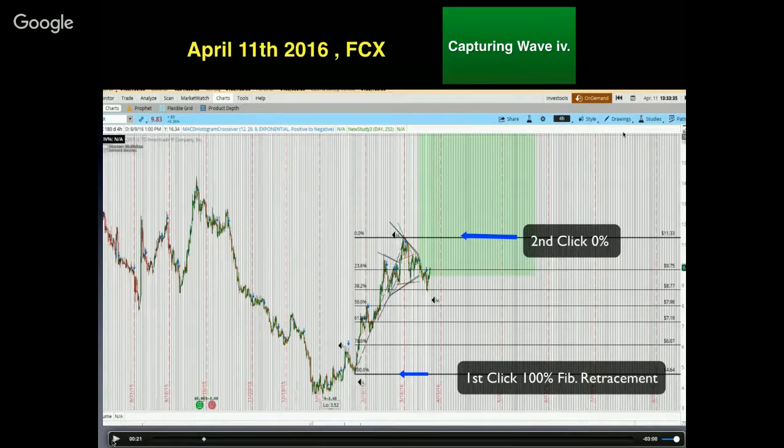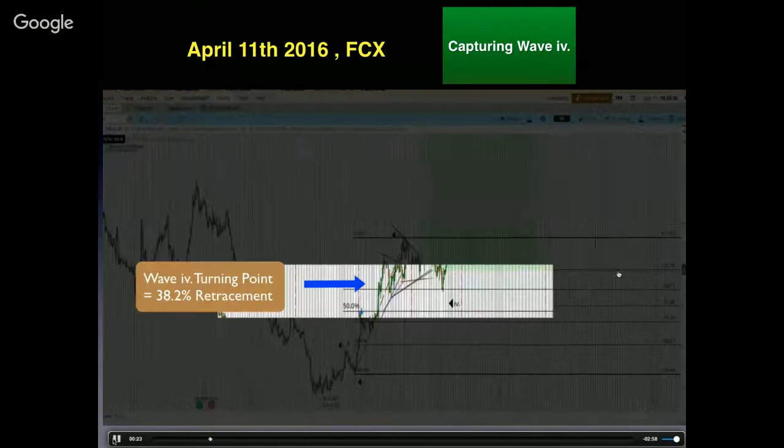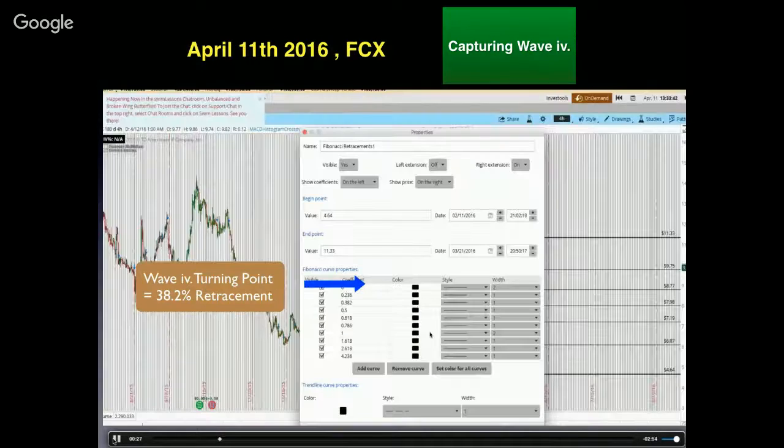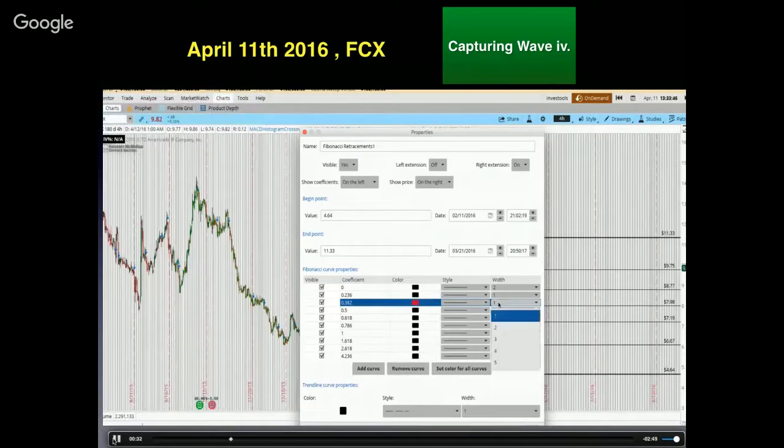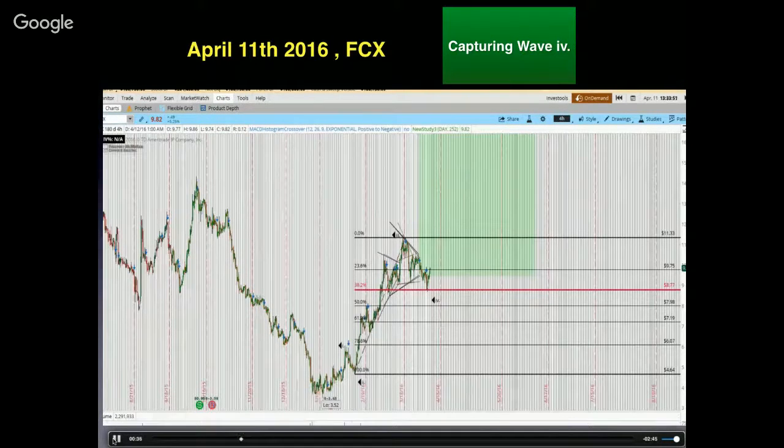My first click will be 100%, second click will be 0%. In between, I'm getting 38.2. That is my turning point for Freeport, for wave 4. I'll be highlighting 38.2, increasing the width. And there you have it, 38.2, wave 4. If I were to establish a vertical spread, the strike prices could be 8, 9.